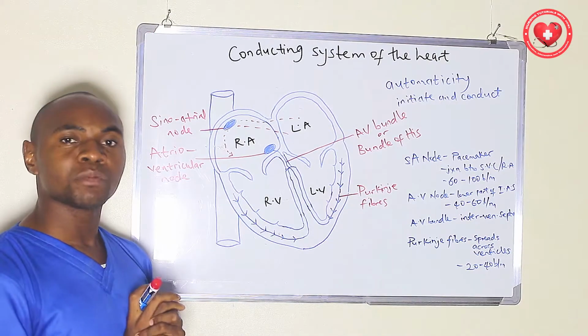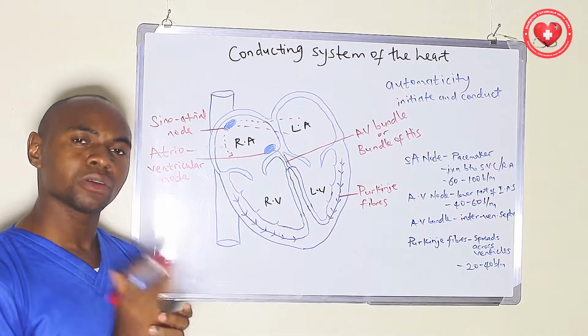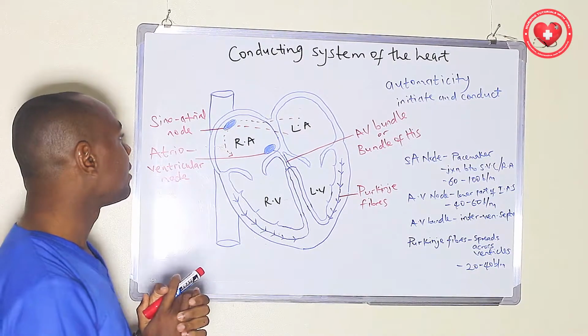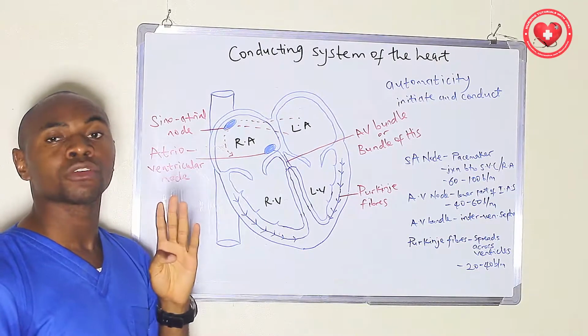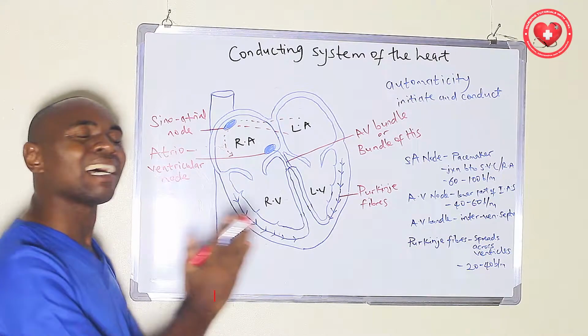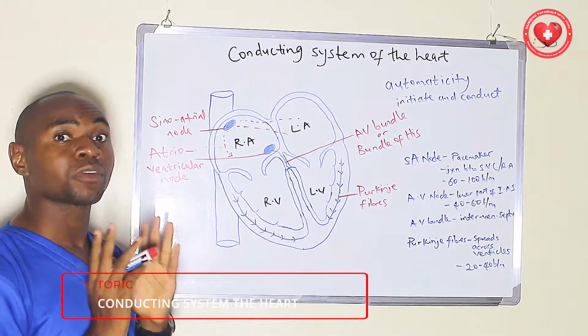Alright, this brings us to the structures that are responsible for initiating and conducting impulses within the heart. There are 4 specialized structures within the heart, and their responsibility is the initiation and conduction of impulses.